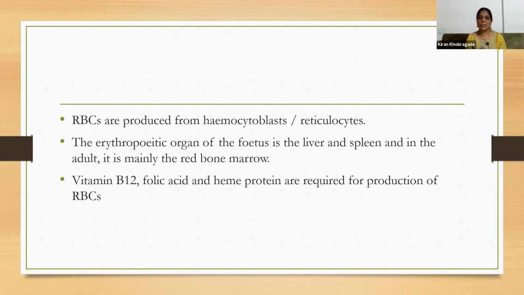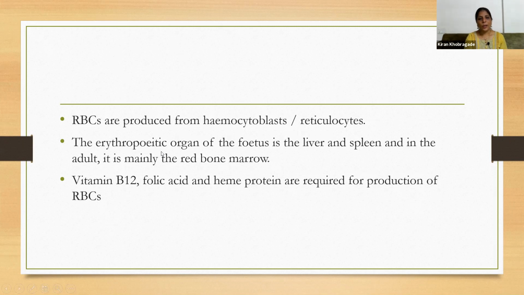All these cells are basically formed from a major stem cell, and the name of this major stem cell is hemocytoblast. So RBC cells are produced from hemocytoblast or reticulocytes.